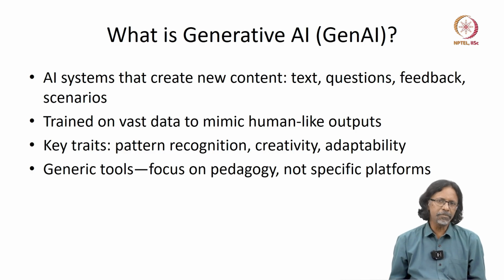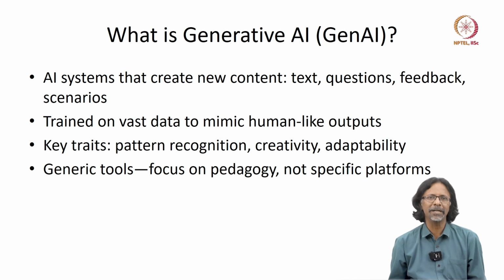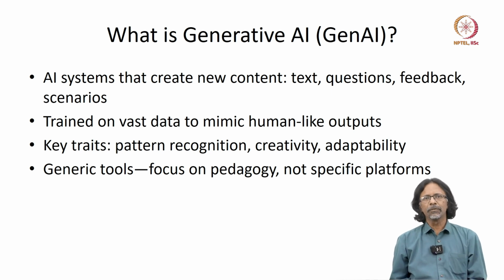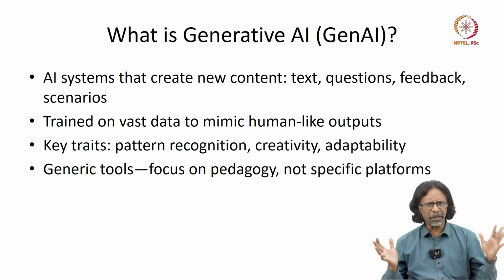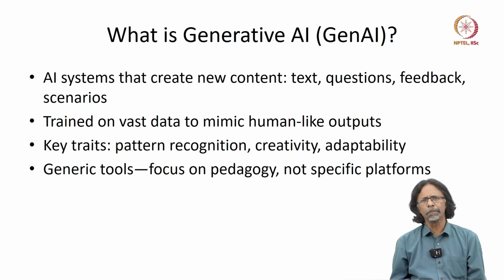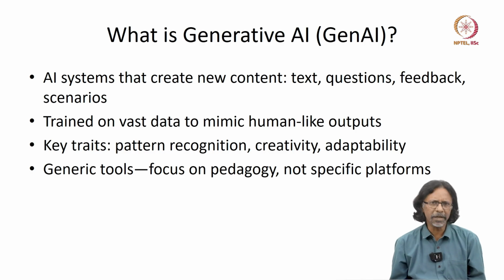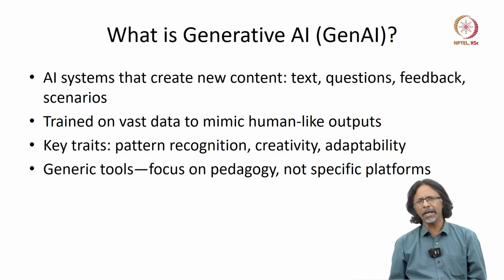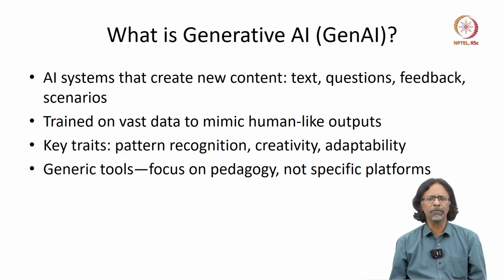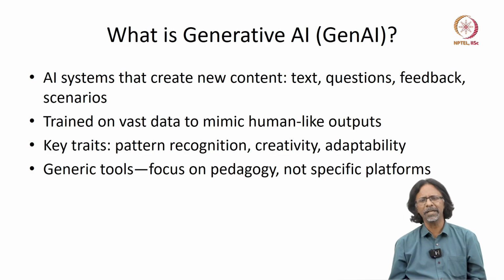Which means that generative AI as a technology is focused on producing output that is useful. The key trait here is to recognize patterns. Based on what information you are trying to extract, it will try to find patterns amongst the vast amount of data, and gives you a great amount of flexibility and adaptability in terms of the nature of the content that you want to generate.